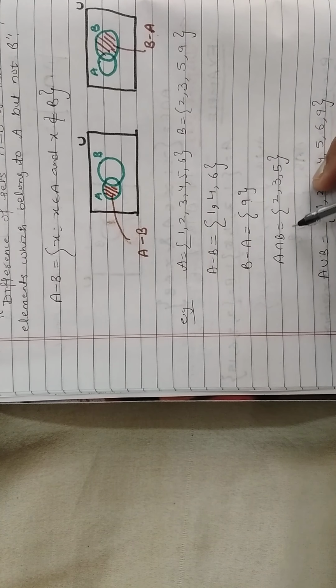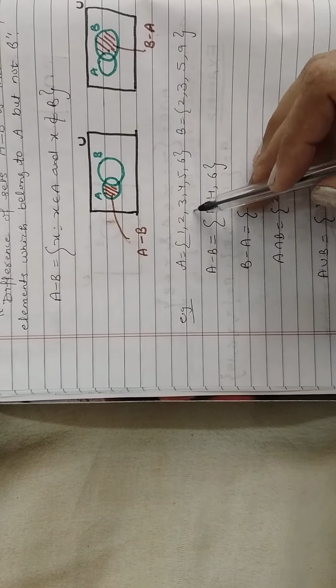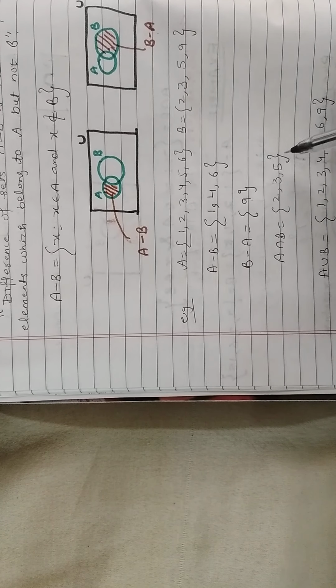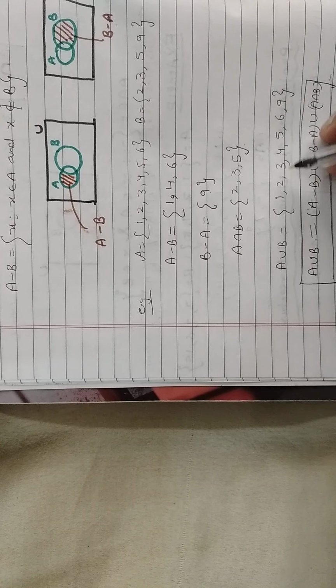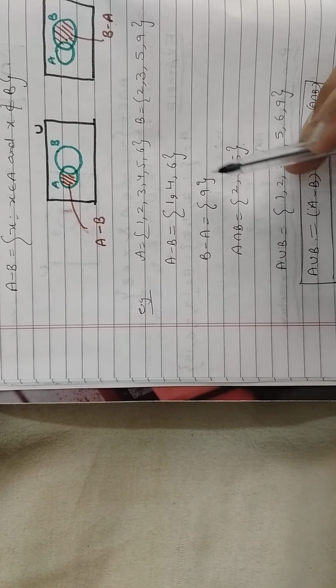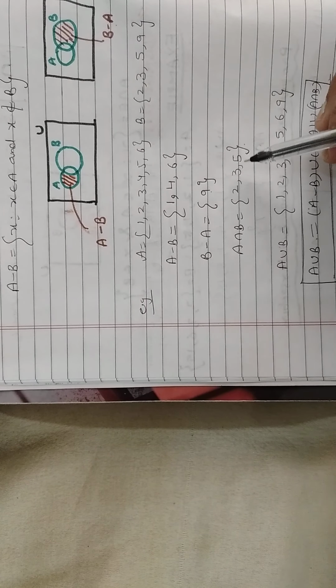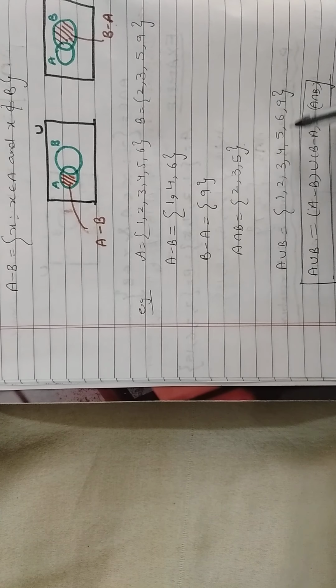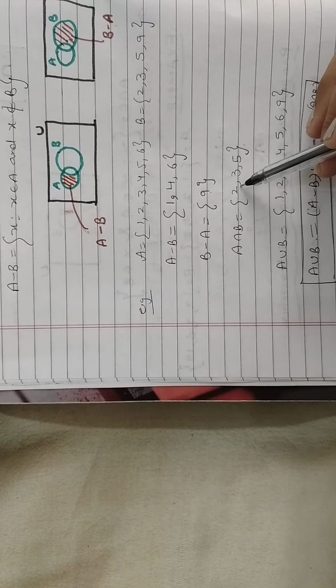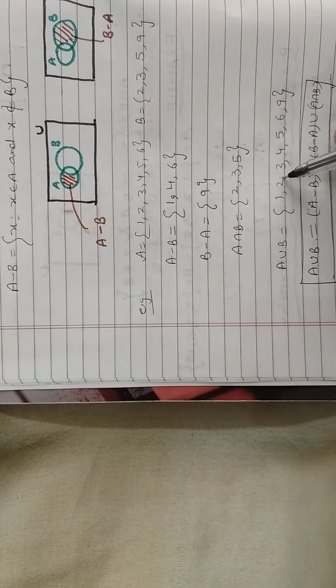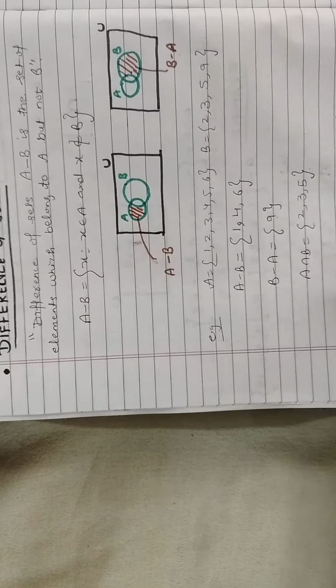A intersection B is the common elements 2, 3, 5. And this is a very important result: A union B is, if I combine 1, 2, 3, 4, 5, 6, 9. If we combine all these three parts, you will get their union. And it is clear from the Venn diagram.